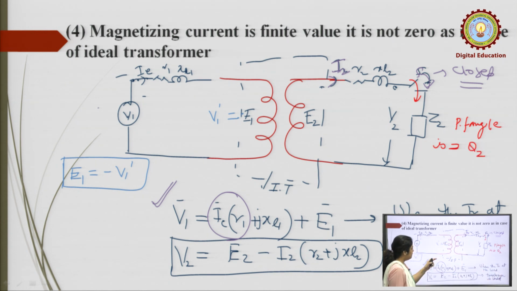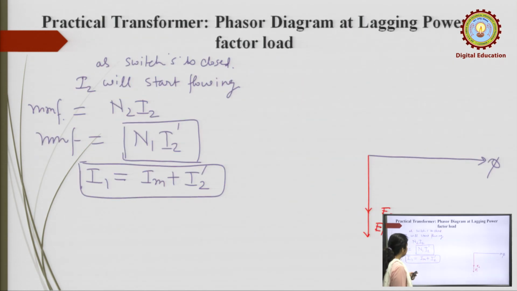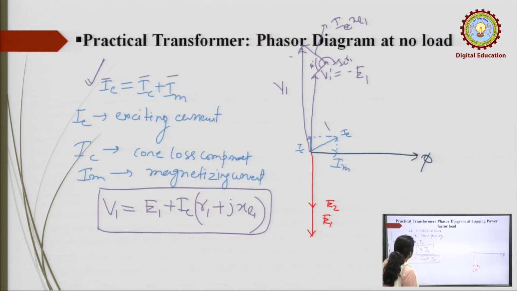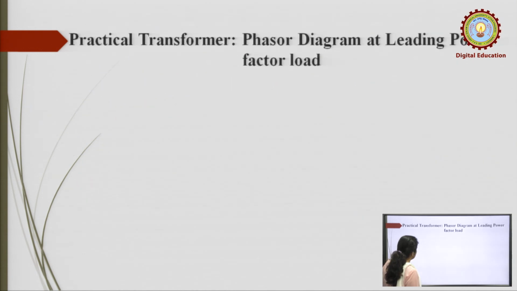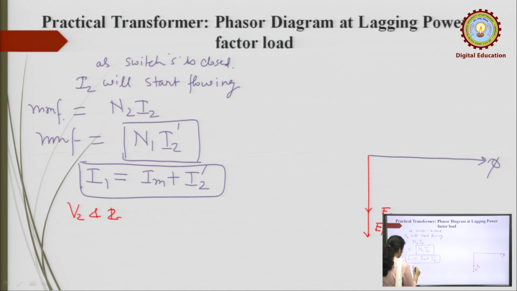So, the angle between V2 and I2 is theta.